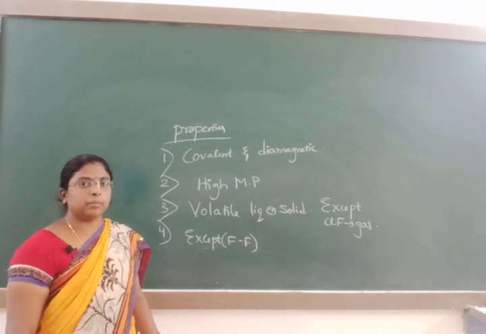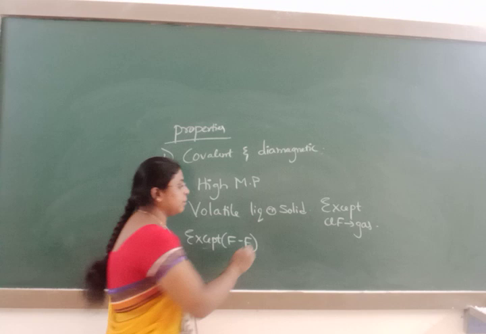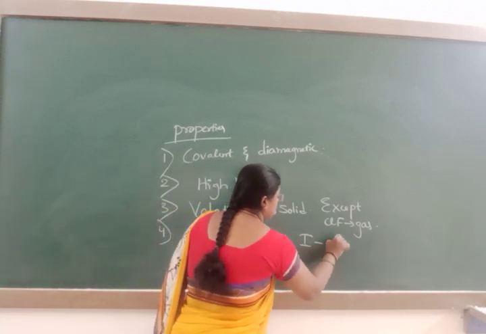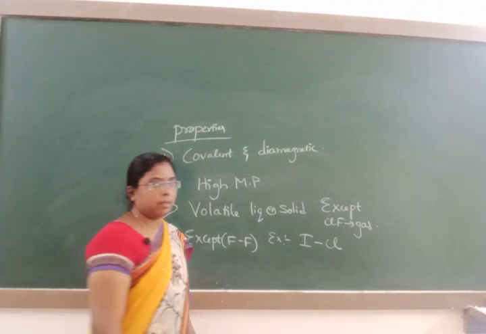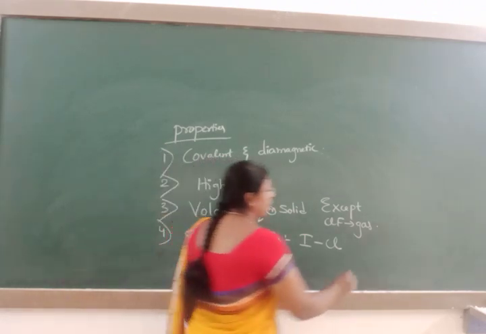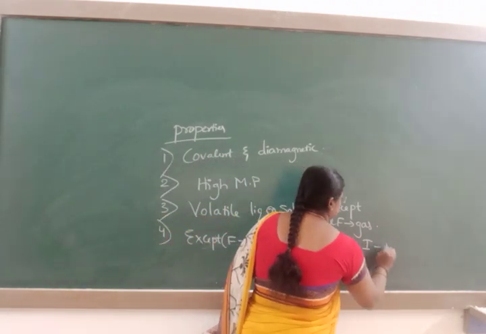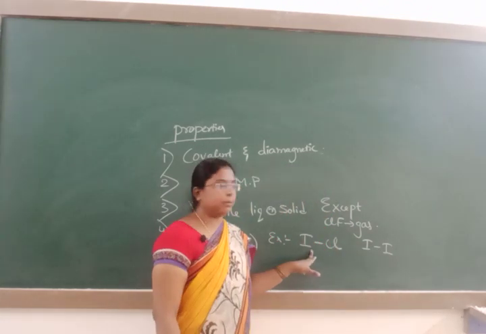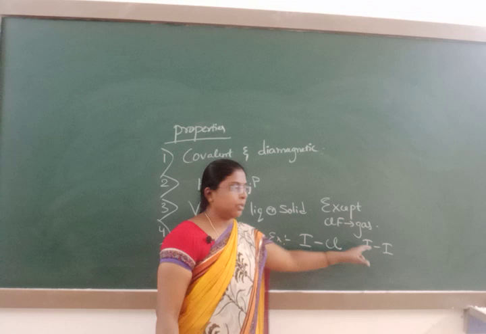Because of the dissimilar halogen atoms, for example, if I take ICl, ICl is an interhalogen compound. Another halogen, if I take I2, ICl is more reactive than I2.